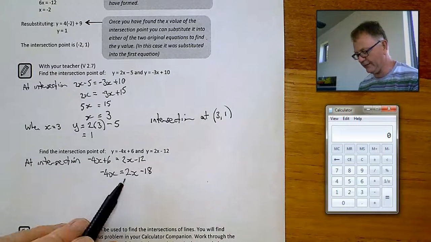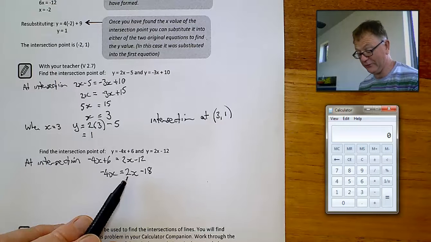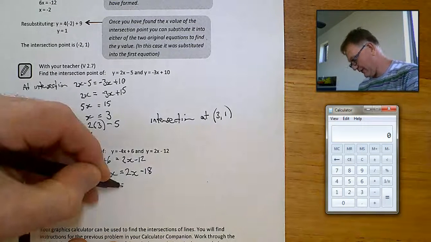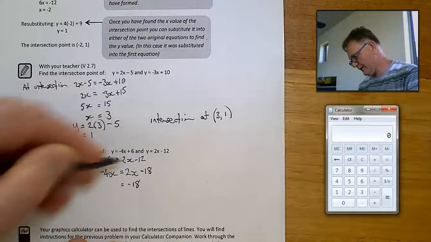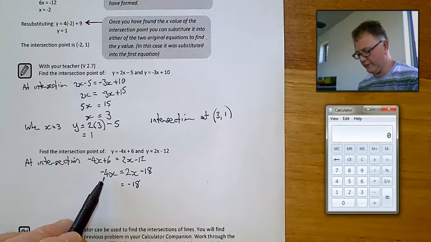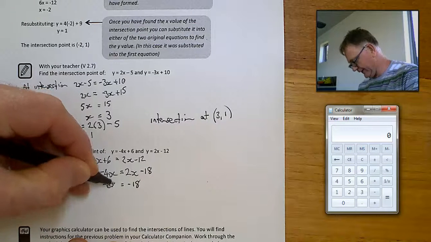Now get rid of this 2x. At the moment it's positive 2x on that side, so if I take away 2x from both sides of the equation, it will disappear from here and I'll just have minus 18, but I must also take away 2x from this side. Now we've got negative 4x, take away another 2x, will be minus 6x.